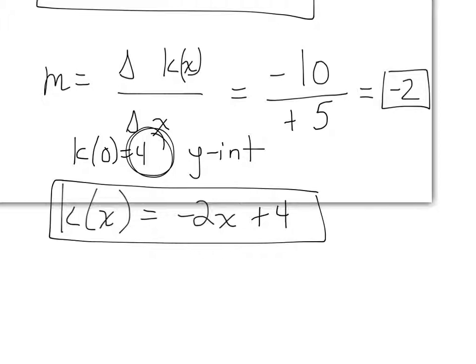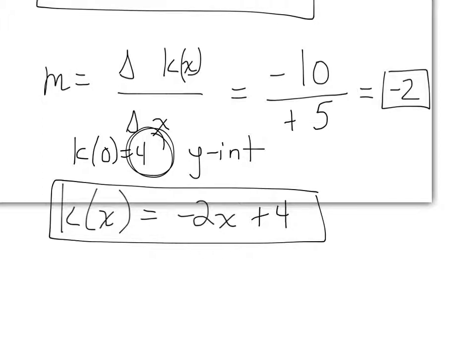So b ends up being 4 anyhow. But remember that if you're ever told k of 0, or h of 0, or g of 0, what they're giving you is the y-intercept, the starting value in the problem. Does that make sense?